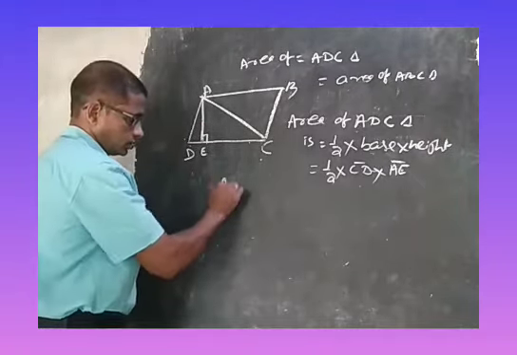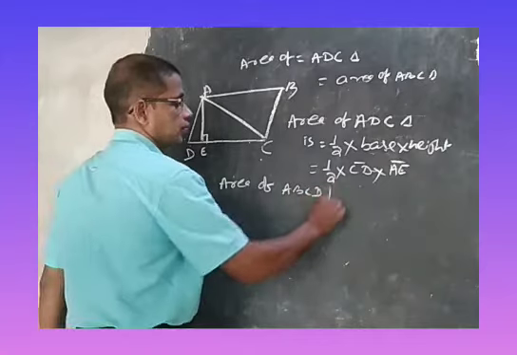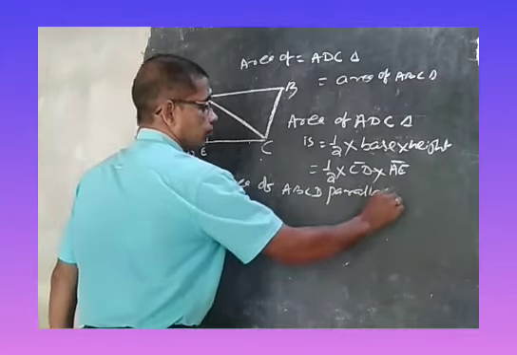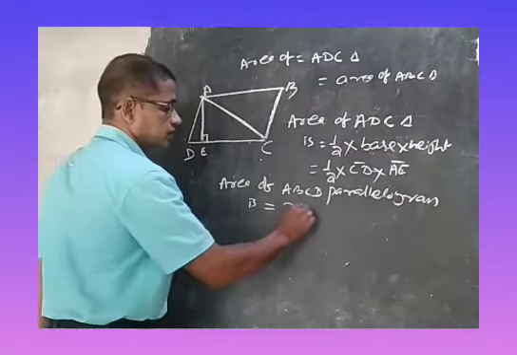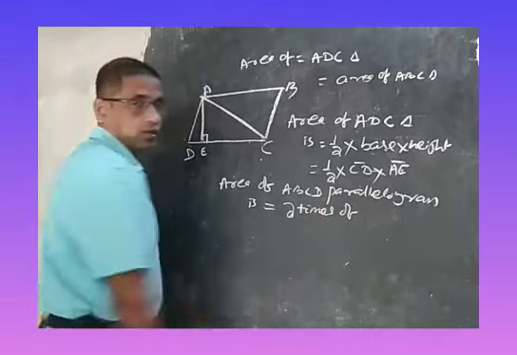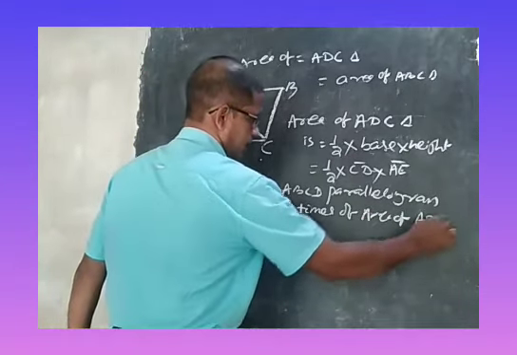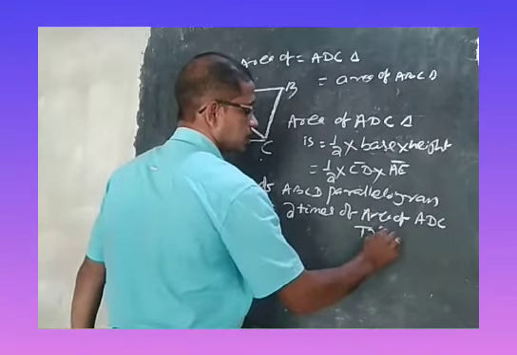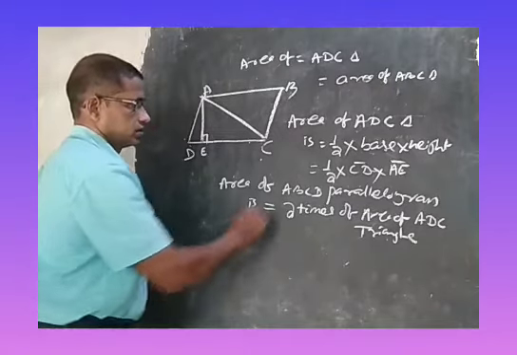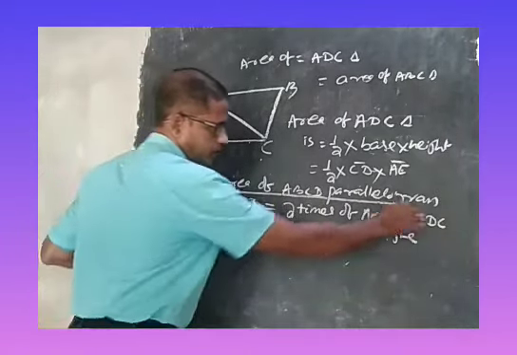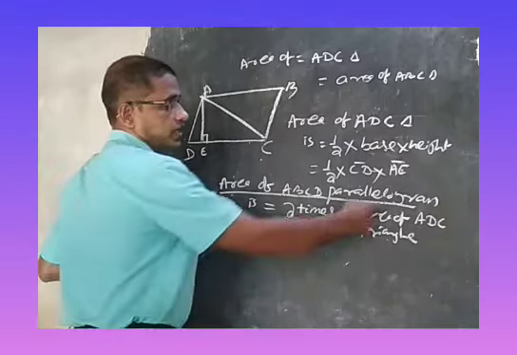The area of ABCD parallelogram is equal to 2 times the area of ADC triangle.